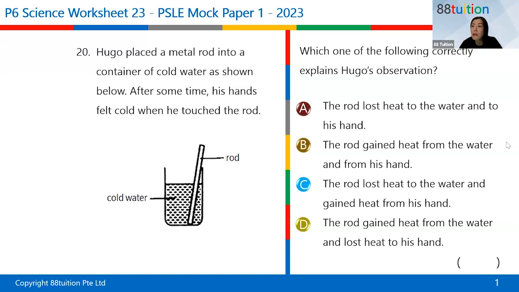So which one explains this? Let me look at your answer as well. Very good. Majority of you put down C. A couple of you did not. Now, the common problem over here, I also see it happening to some of you.